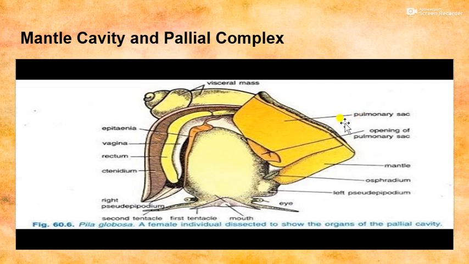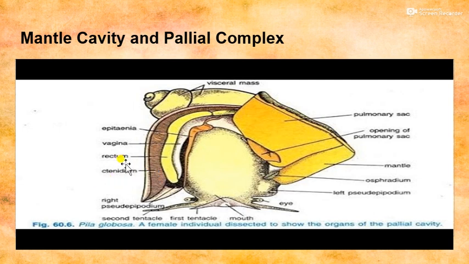Look at this pulmonary sac. In the branchial cavity or chamber lies the single gill or ctenidium.